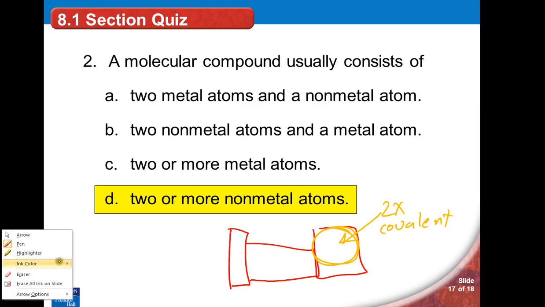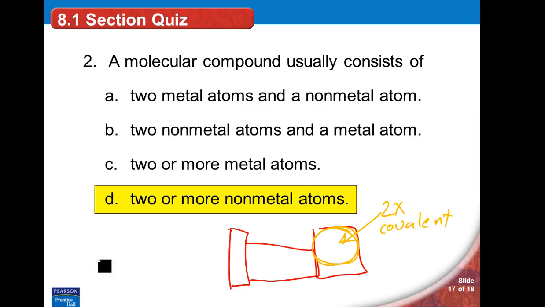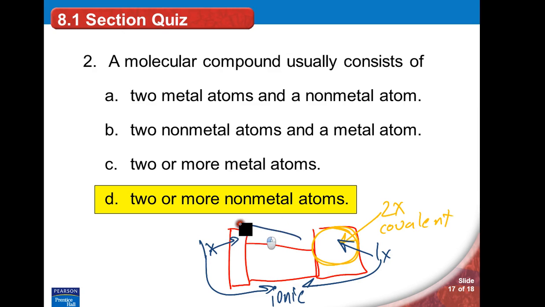If instead you pick one from here and one from here and put them together, this is going to be ionic.